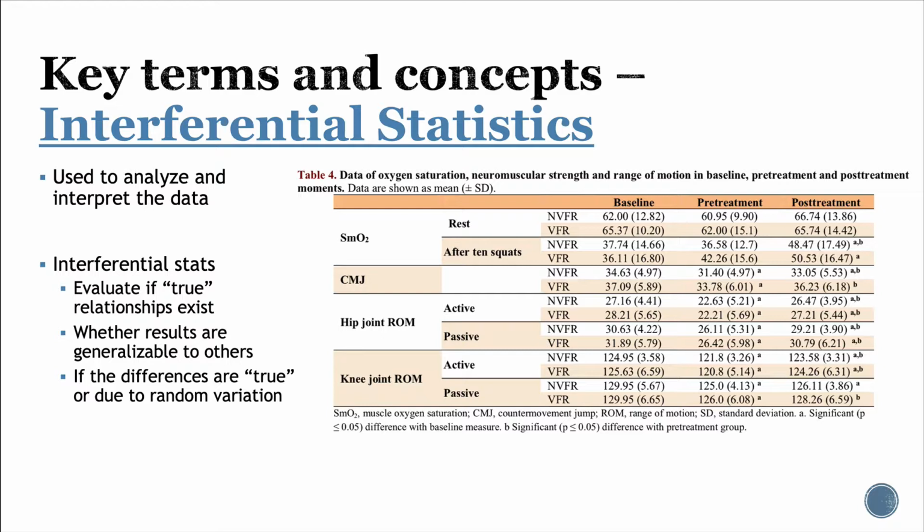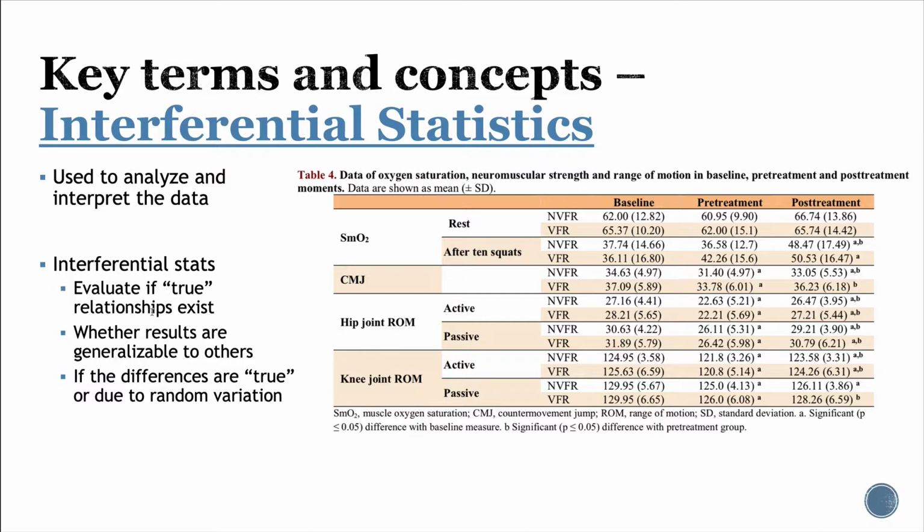So when you've read studies before, you've probably seen measures of this. Inferential stats typically report something like a p-value. And what those are doing is they're measuring what is the likelihood that this difference between these two groups is real or just due to random variability in the measures that we're taking.